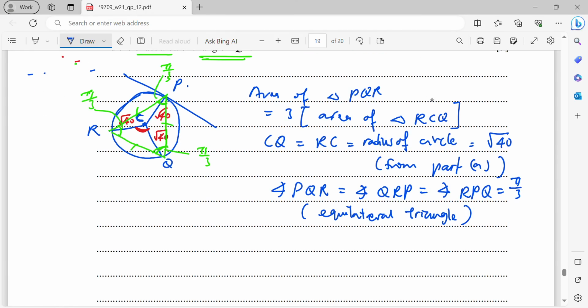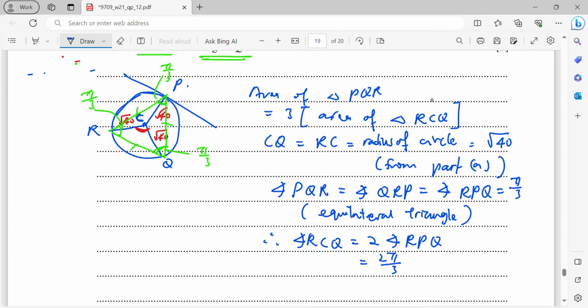Therefore, angle RCQ is double of angle RPQ, based on the properties of the circle. Therefore, this is 2 pi over 3.